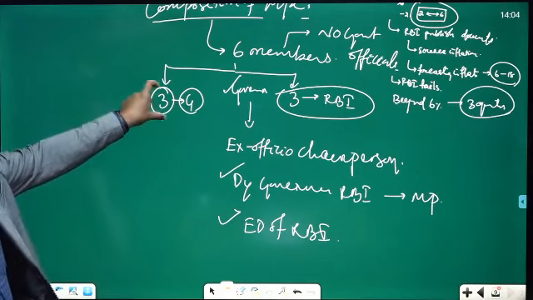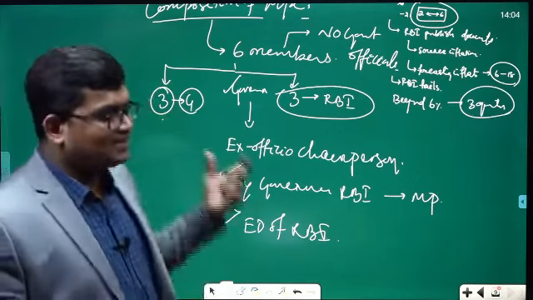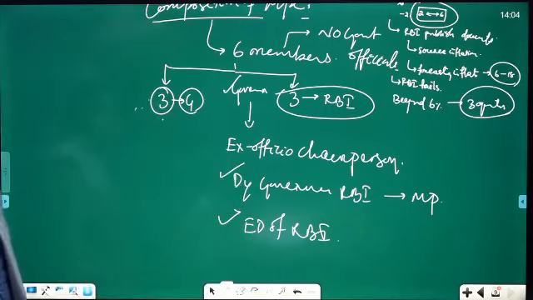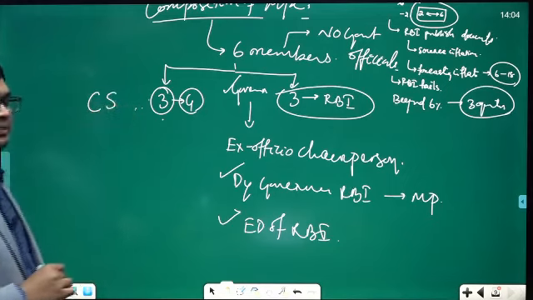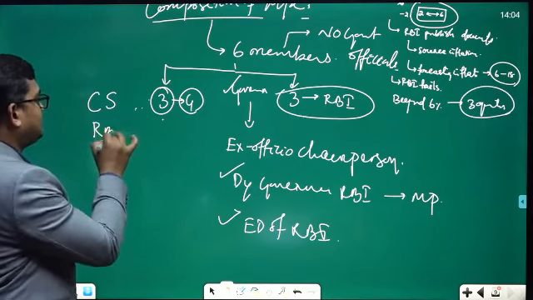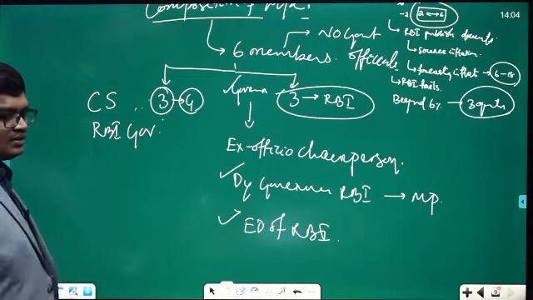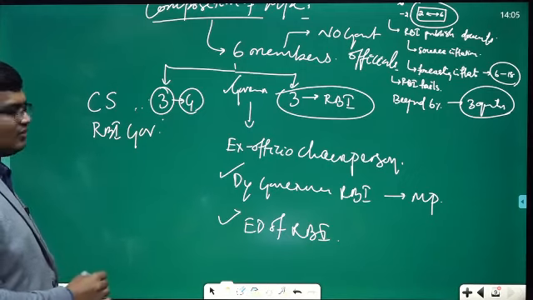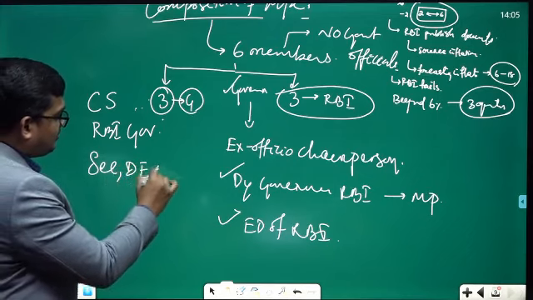For the 3 members nominated by the government, a selection committee will be there. Under the cabinet secretary as the chair, the members are the RBI governor and the secretary of the Department of Economic Affairs.